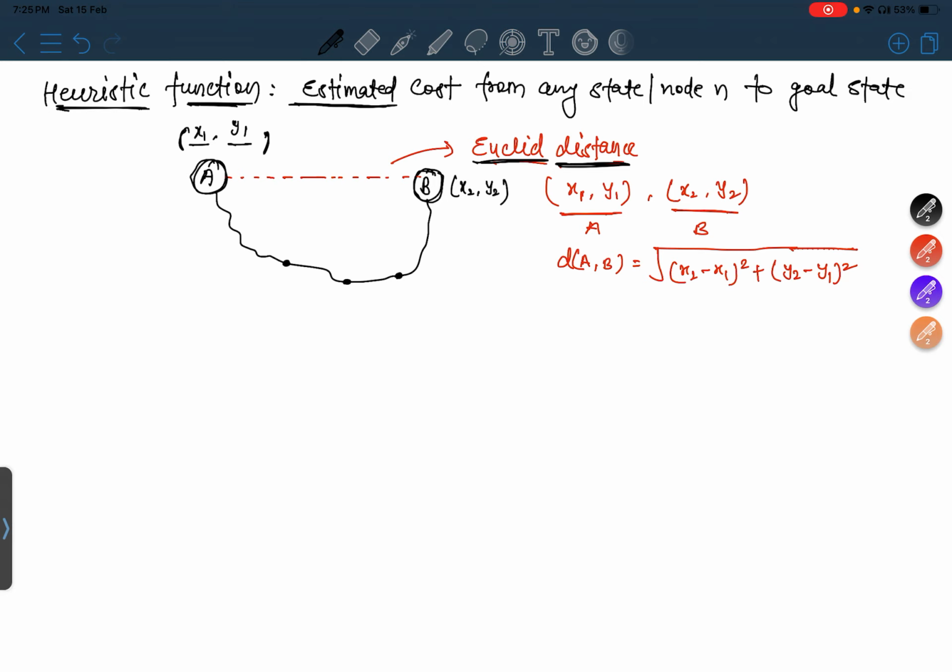So this is one concept of the heuristic function, but this can't be the only heuristic function; there can be other heuristic functions too.